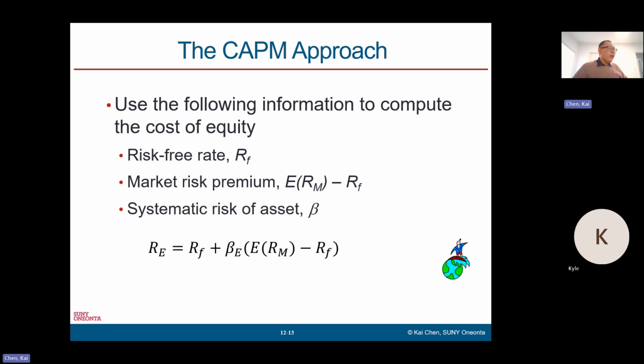Because of those disadvantages, we are going to try the CAPM approach, the capital asset pricing model. We can use the capital asset pricing model to estimate the required rate of return. We have this formula, in which I use RE to represent the cost of equity.